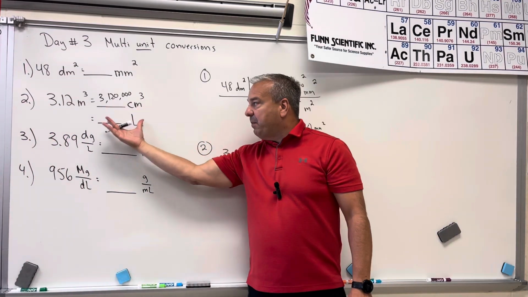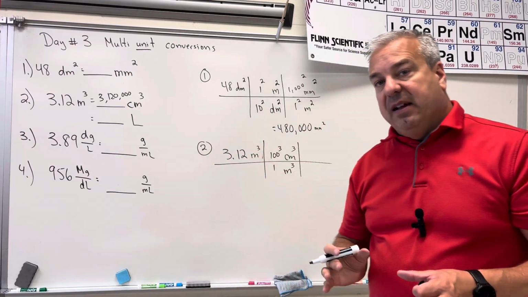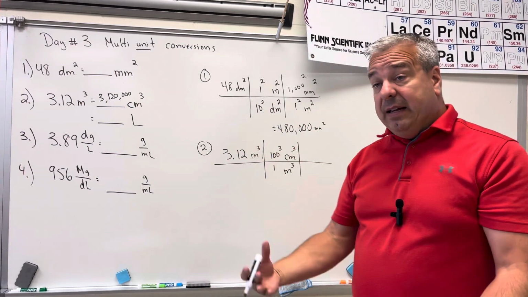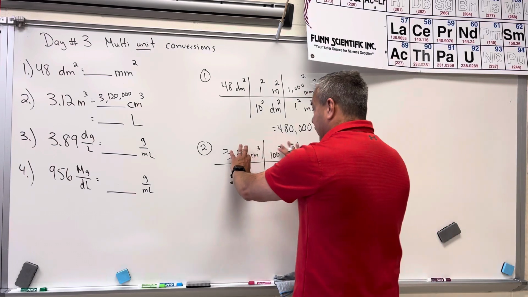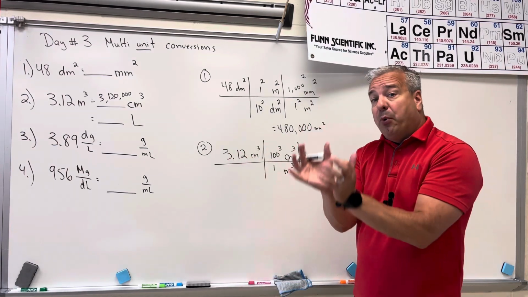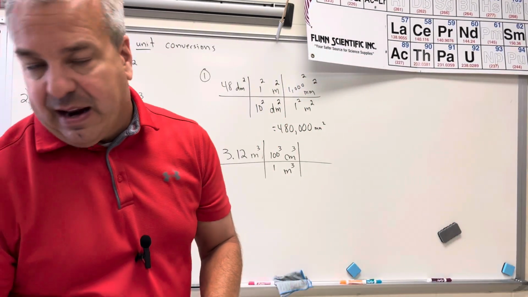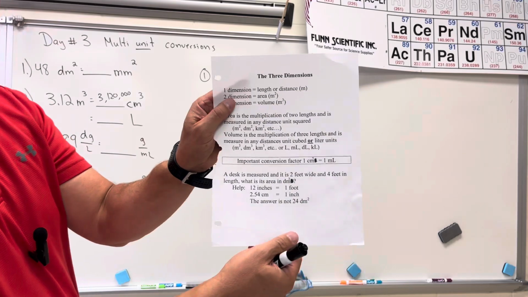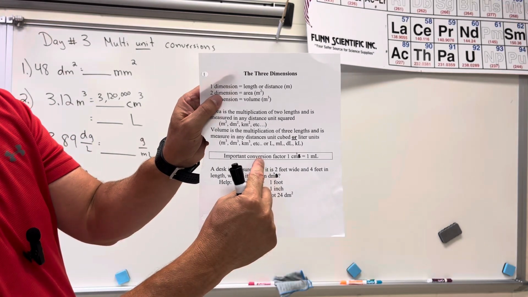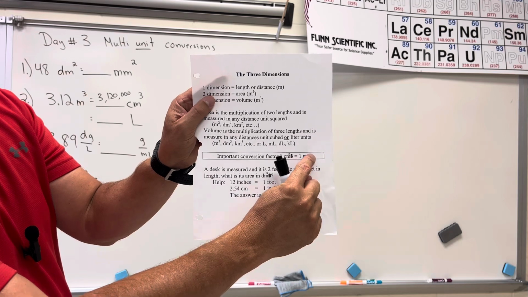Well, there's a second part to this problem, okay? And the second part of the problem is trying to get into the unit of liters. So all I'm going to do is continue this train track to get to liters. Now, there's an important conversion factor that was on our notes that I want to point out a second time. That important conversion factor tells me that 1 centimeter cubed is equal to 1 milliliter.